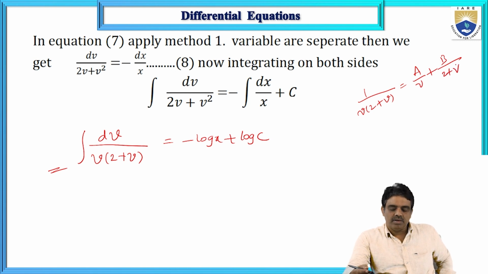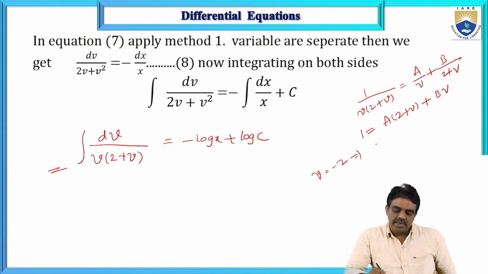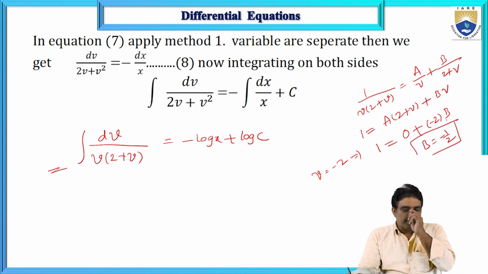Or without doing partial fractions also you can write it straight away, but we go as per the procedure. 1 is equal to a into (2 plus v) plus b into v, taking the LCM v into (2 plus v). Suppose I put v is equal to minus 2, what will you get? 1 is equal to the entire term 0 minus 2 into b, so b is equal to minus 1 by 2. This is one constant obtained.